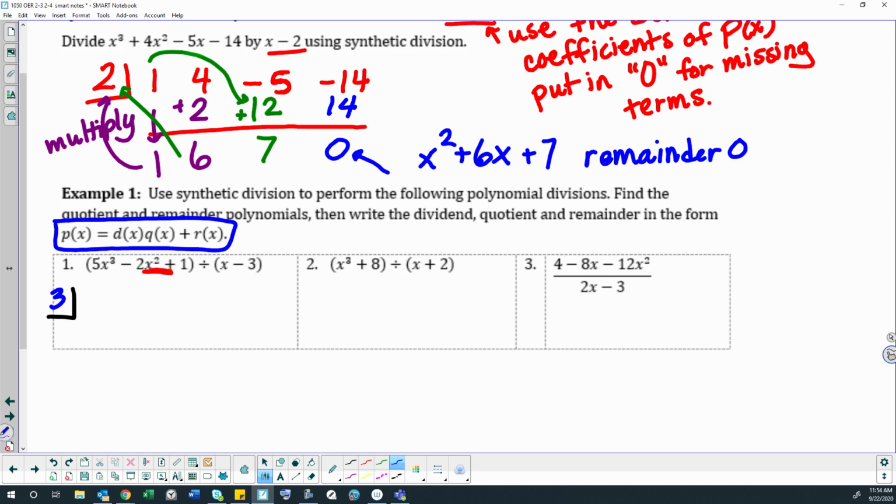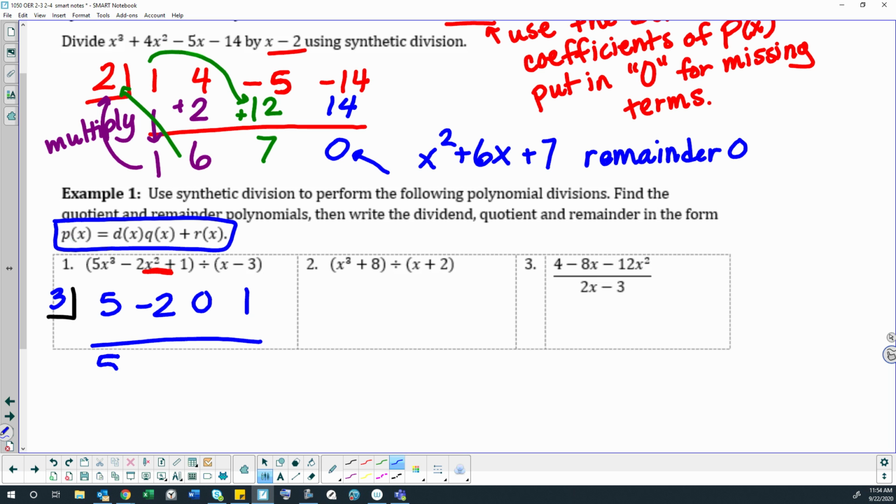And so then our coefficients are 5, negative 2, 0, and 1. Because there was no linear x term in there, we had to put that 0 in there to hold the place, as if it's a decimal point.